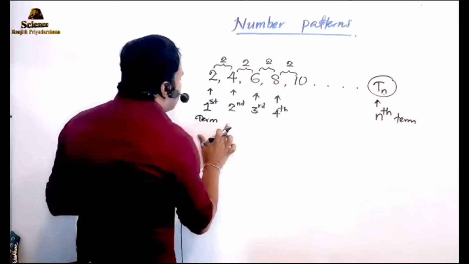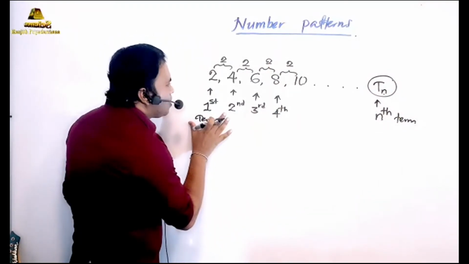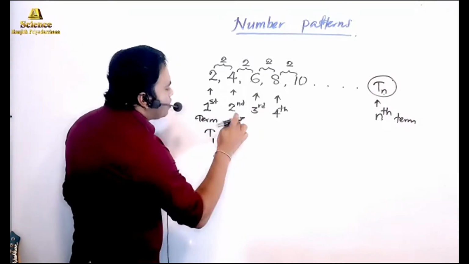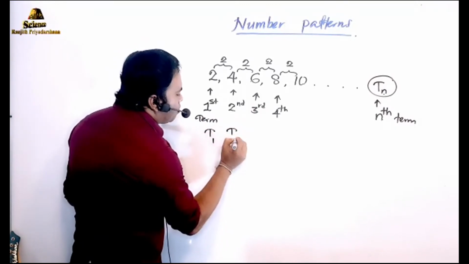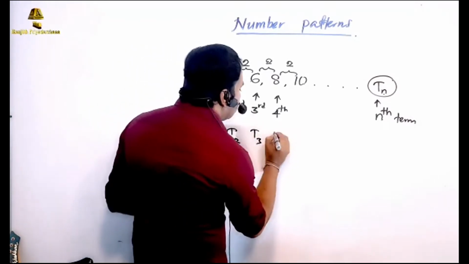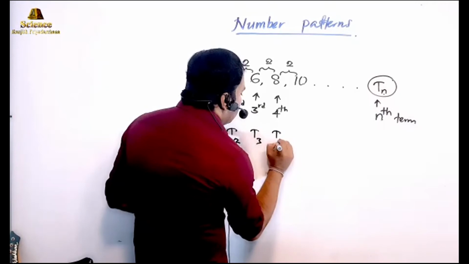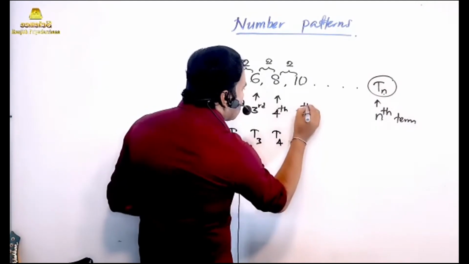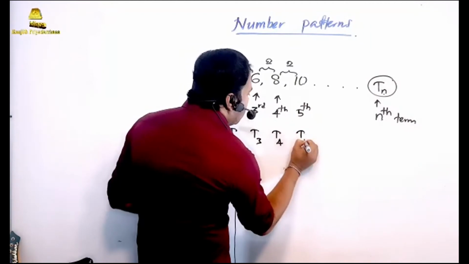Let's write the first term in that notation. That's T1. Second term, T2. Third term, T3. Fourth term, T4. Fifth term, we can write T5.